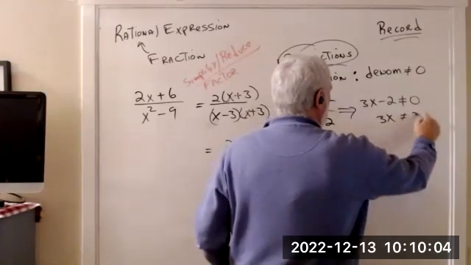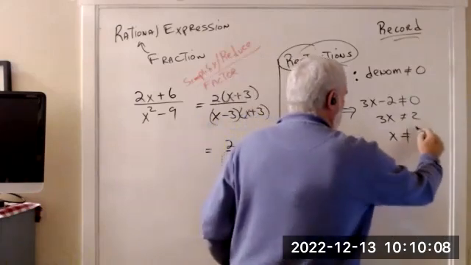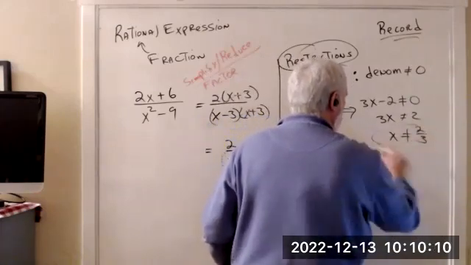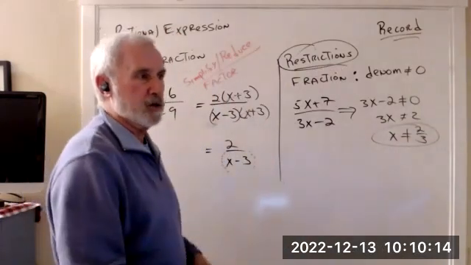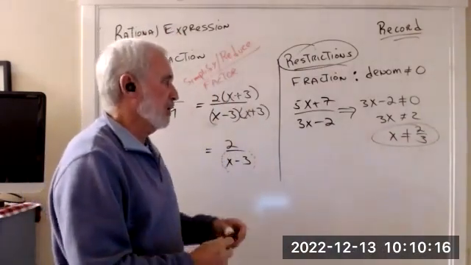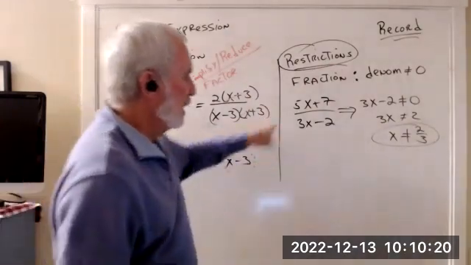And then you solve that, add 2 to both sides, divide. And we say that's not the solution, it's the restriction. Because that says x can't be 2/3, because if it was, it would make this denominator 0 and the world would end.